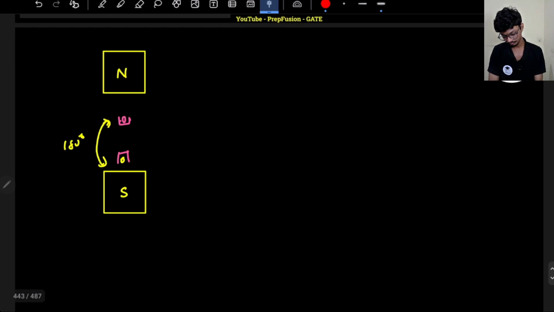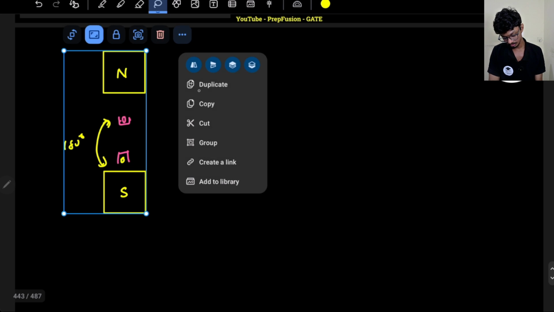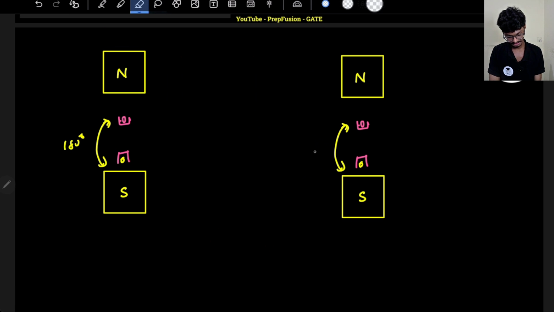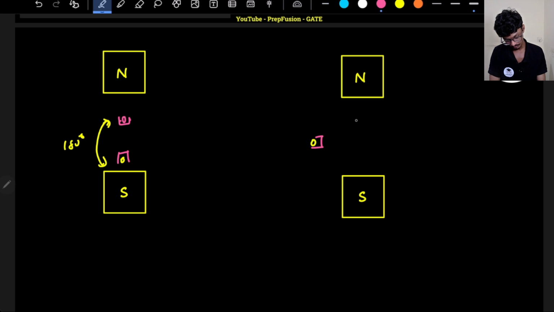And let's say the coil span is less than the pole pitch, let's say one side of the coil is placed here, and the other side is placed here.